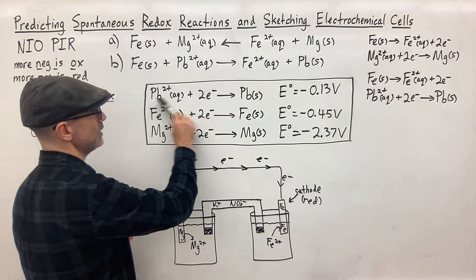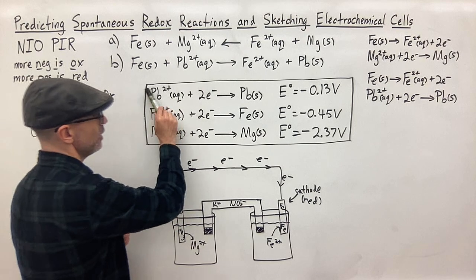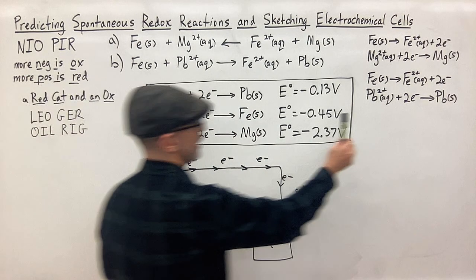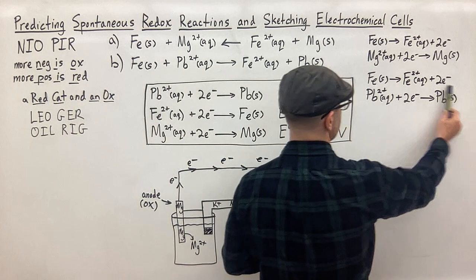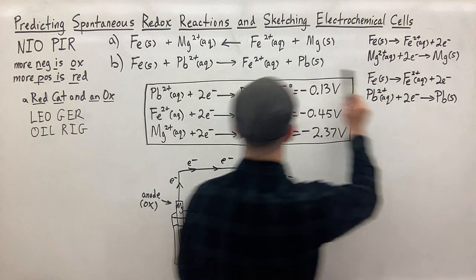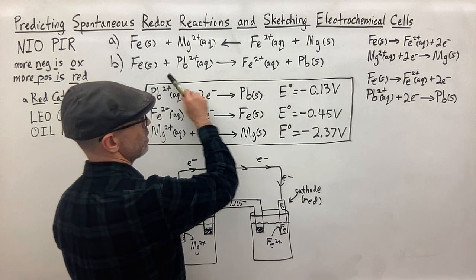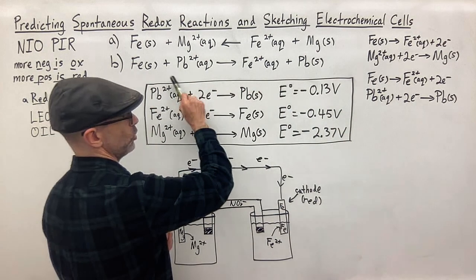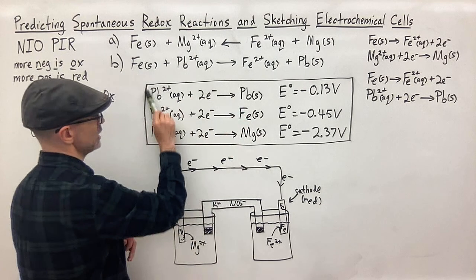So as it's written, this lead is going to undergo reduction, and if we see it here, it really is written here as reduction. So the way that we have it written here, it is going to be reduced according to the equation we're looking at, which is what we would expect.